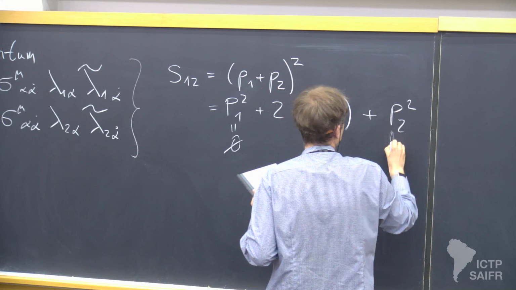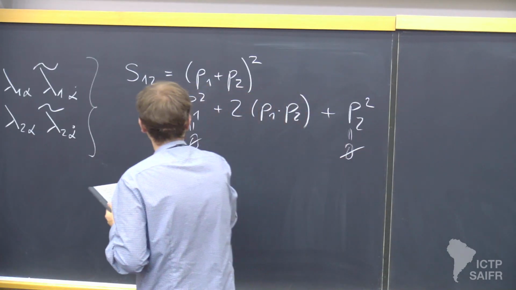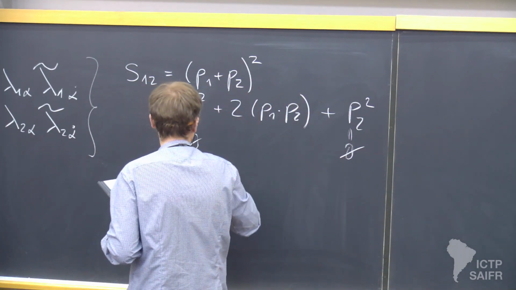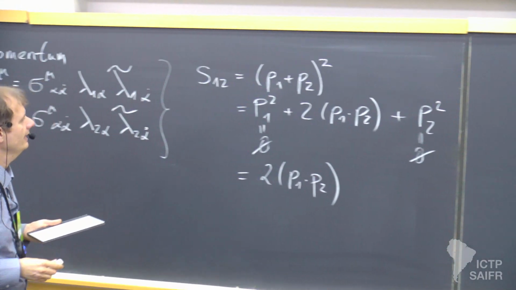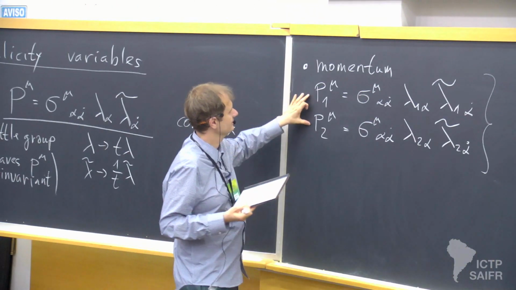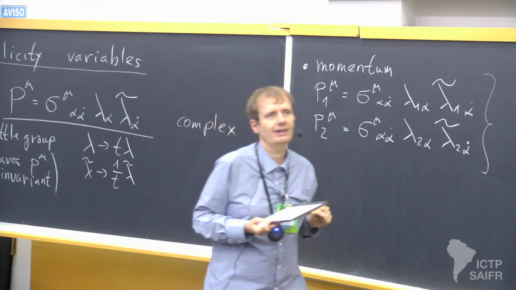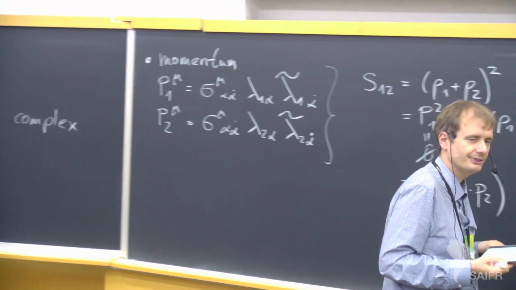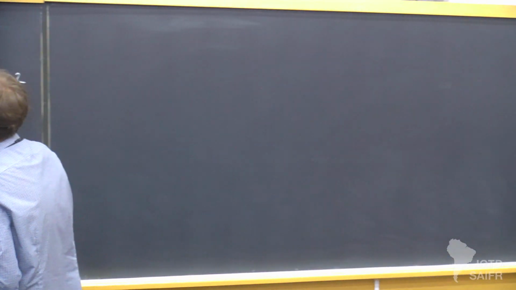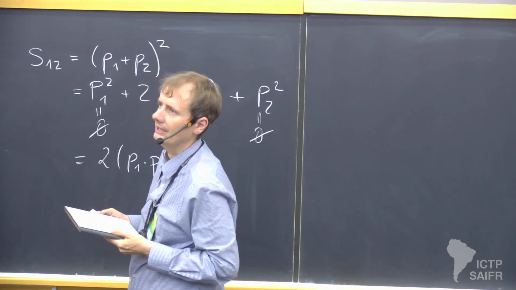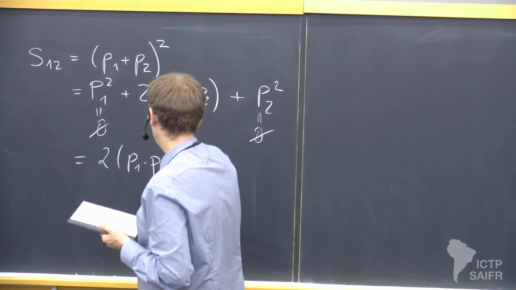This is 0. And we get 2 times P1 dot P2. Okay? And now we use these formulas and rewrite it in terms of lambda lambda tilde. And that would be the first surprising thing, which is specific for 4 dimensions, that this expression now factorizes into 2.